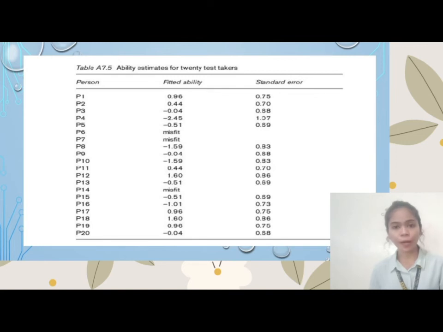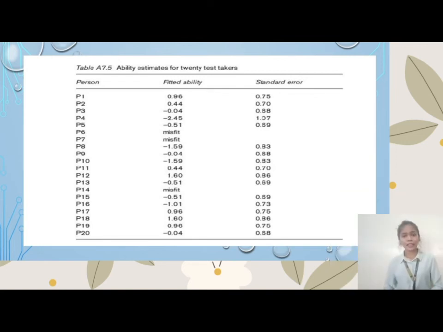IRT is also sample-free. That is, the item difficulty estimates are not dependent upon the sample used to generate them. As long as the sample was drawn from the population of interest, the estimates should be independent of the sample used.